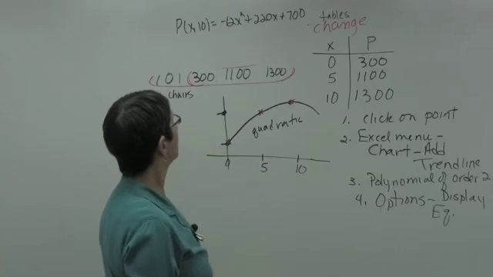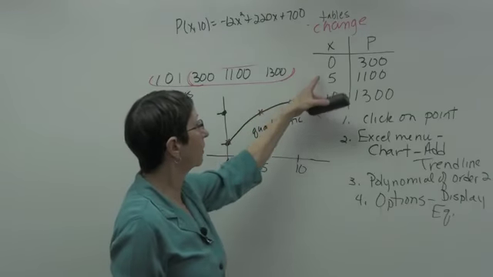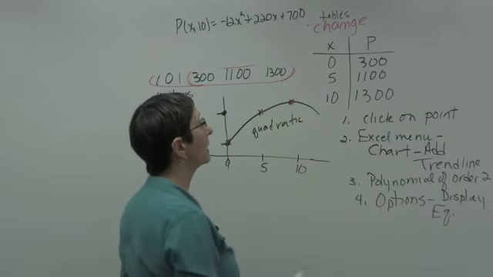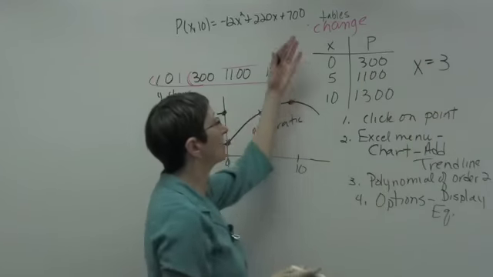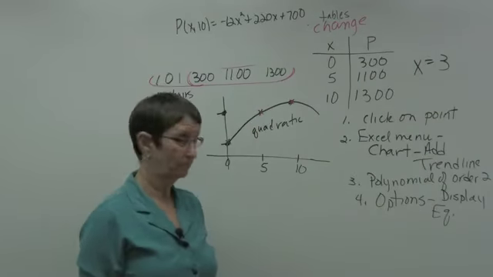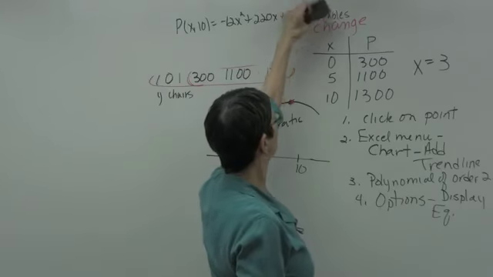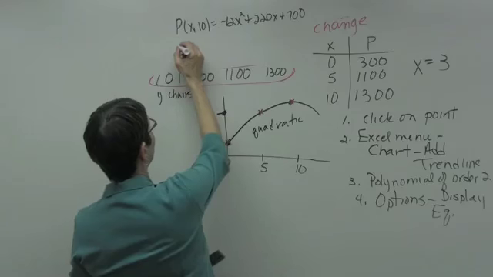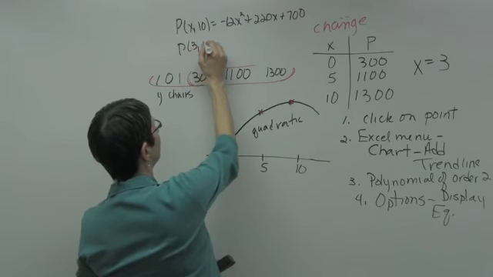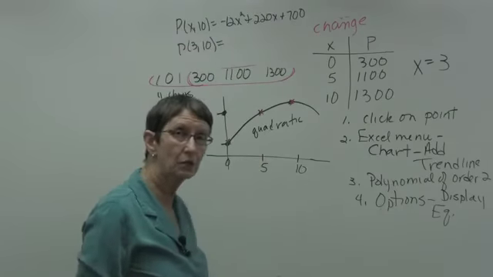Well, our data table, my x values were 0, 5, 10. Suppose I want to know what happens when x is 3. What happens if I'm only going to sell 3 tables? My x values can change, right? But let's say I want to find P of 3. Well, now I can do that.